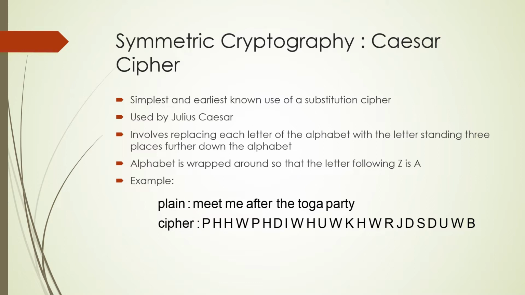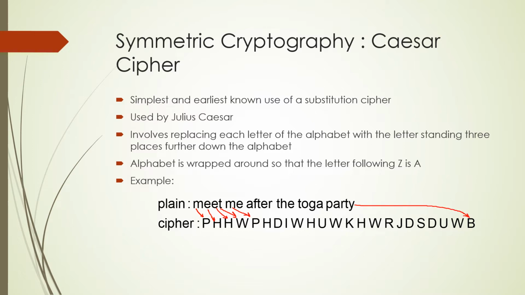If you draw a line between every corresponding letter of the plain text and ciphertext, you understand how it works. M is mapped to P, E is mapped to H, E is mapped to H, T is mapped to W, M is mapped to P, all the way to the last one where Y is mapped to B.